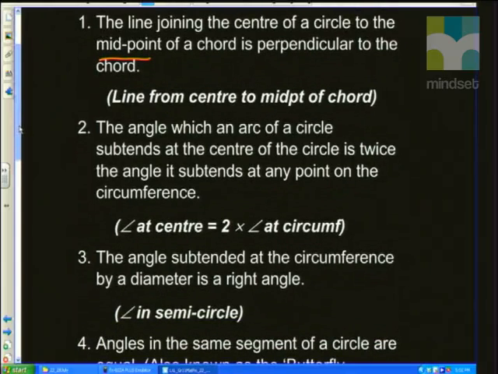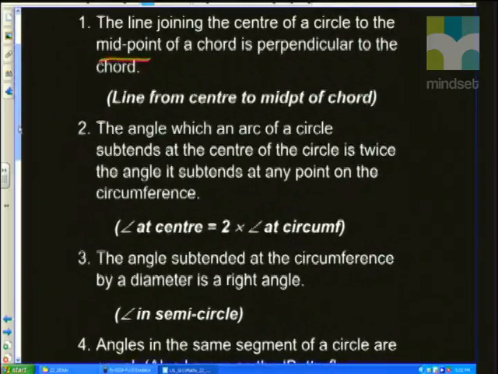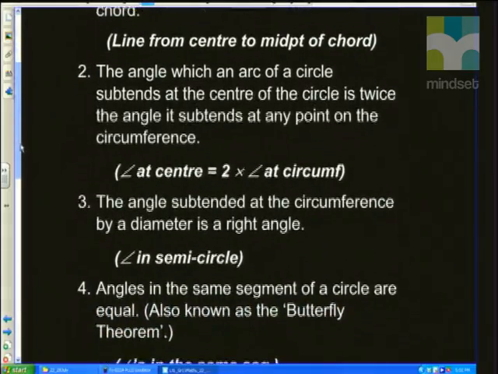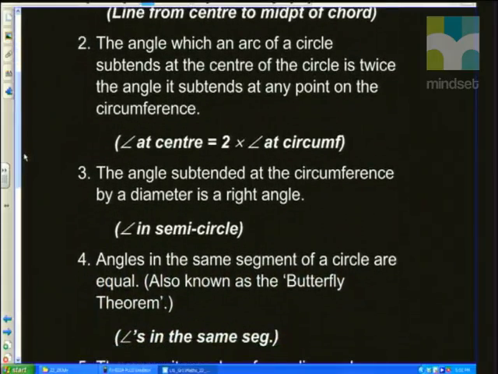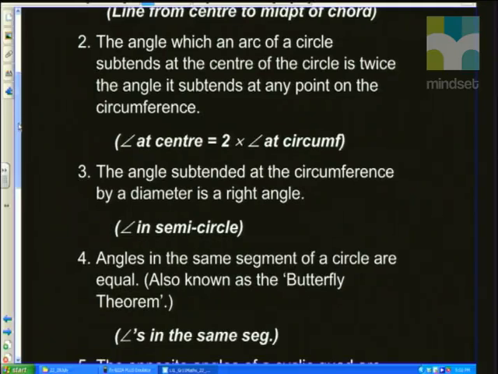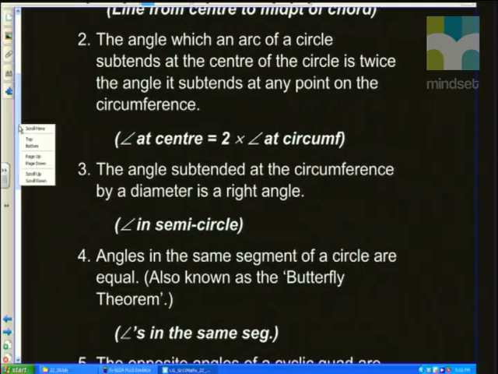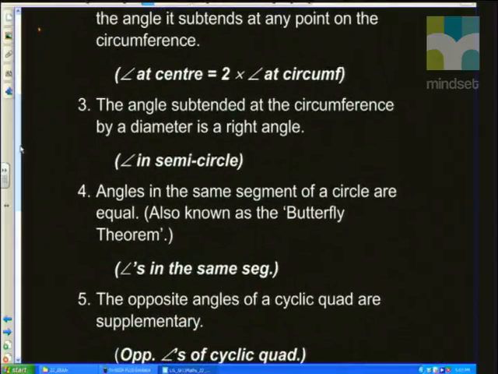And when you're answering your questions, you can say line from center to the midpoint of the chord. And the second one, the angle which an arc of a circle subtends at the center of the circle is twice the angle it subtends at any point on the circumference, okay? So when answering questions, you can say angle at the center is twice angle at the circumference, okay?